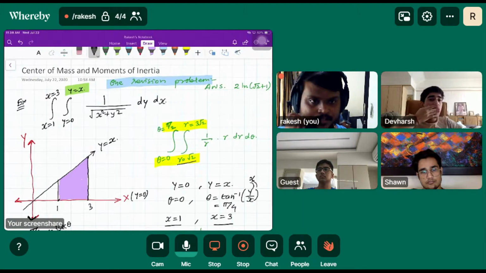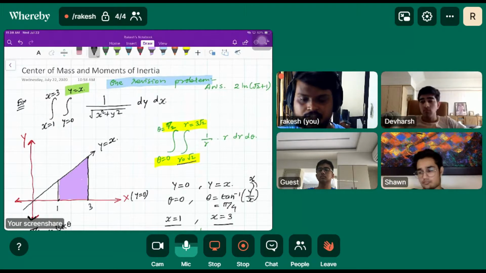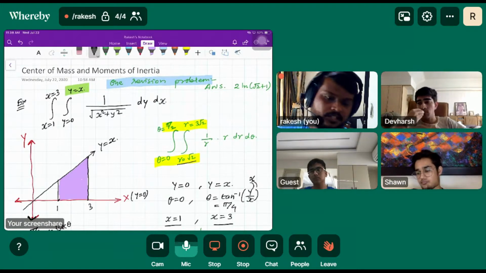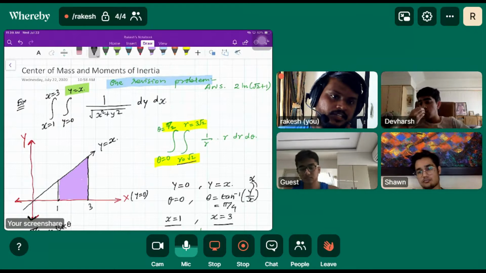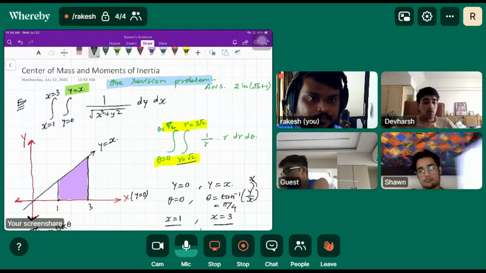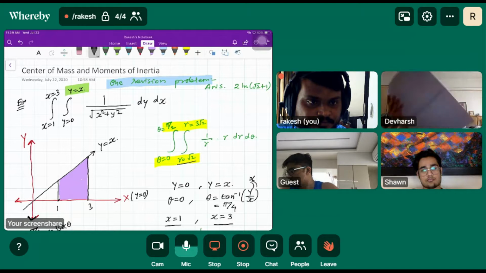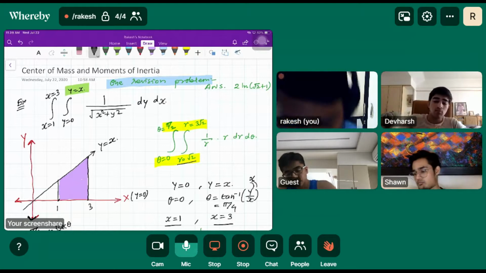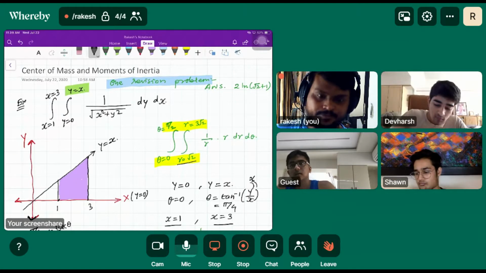The definition of these things was discussed long before, I think in 11th standard. So what is center of mass?